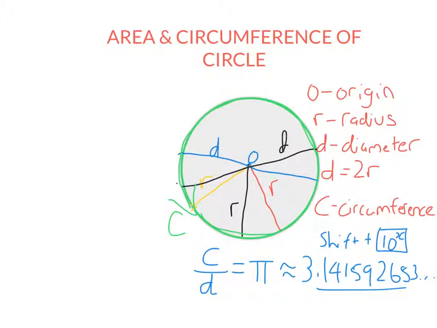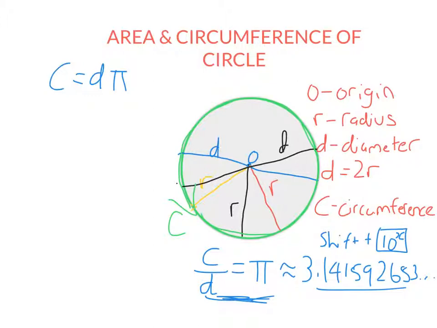Because the circumference divided by the diameter is 3.14159, we can easily figure out from that the circumference. The circumference is just the diameter times pi. Pi being 3.14159, and so on.